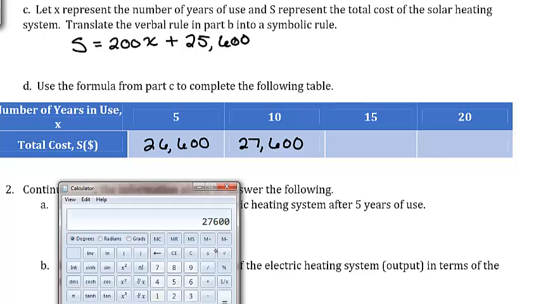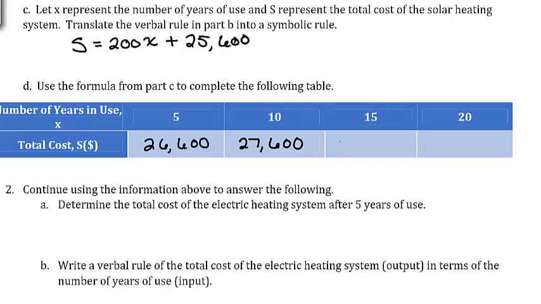And then do this for 15 years, so 200 times 15. And then we're going to add to that the installation cost, 25,600, and we get 28,600.